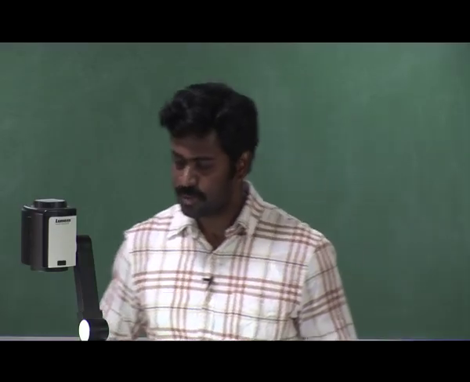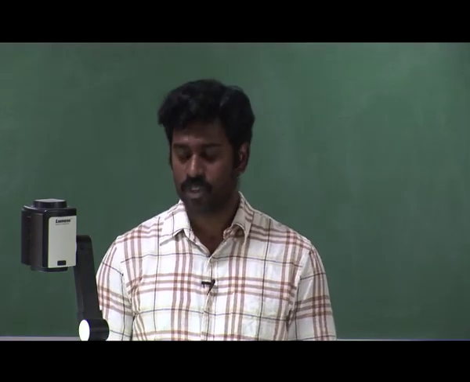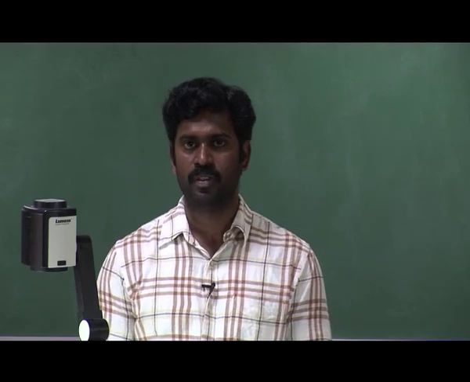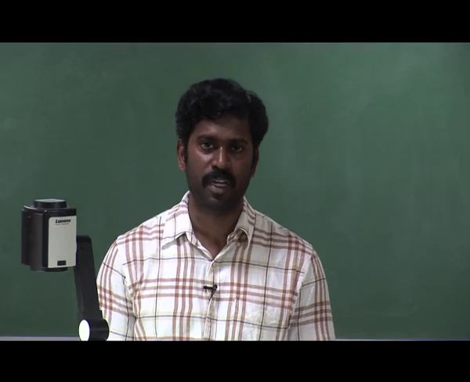Now, let us try to study the geometrical object, which is like a straight line, and then we will go for a circle. So, first let us discuss what is the equation of a straight line in the complex plane.